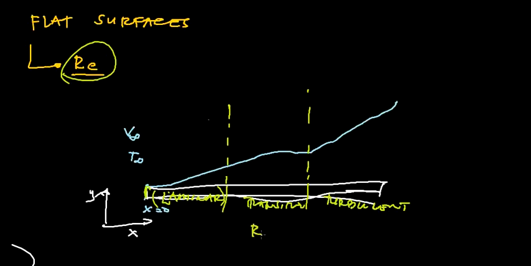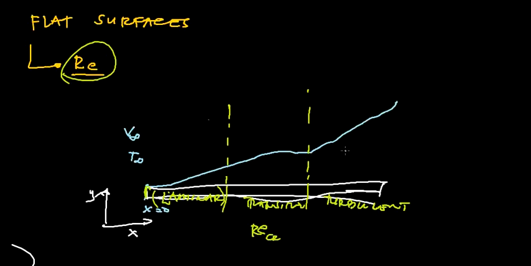Upon reaching the critical Reynolds number, the flow will become turbulent. So we must know the critical Reynolds number in order to determine our fluid flow.